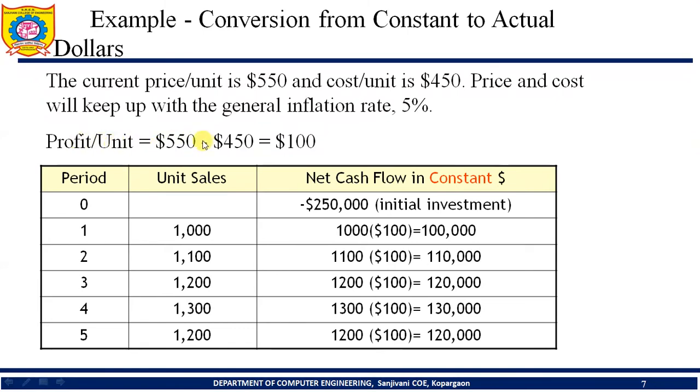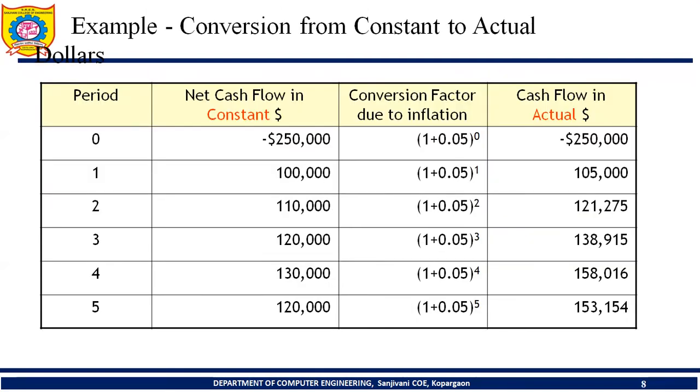Profit per unit is calculated as current price per unit minus cost per unit, so we get a profit per unit of $100. This $100 is multiplied with the unit sales to get the net cash flow in constant dollar, and this constant cash flow will be converted into the actual cash flow, or actual dollar, or current dollar.